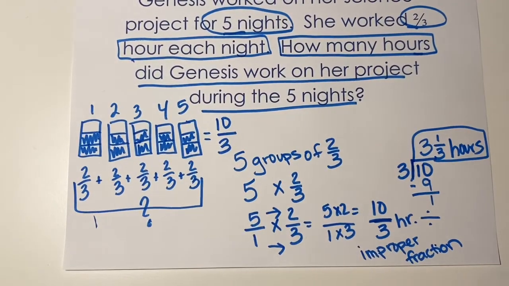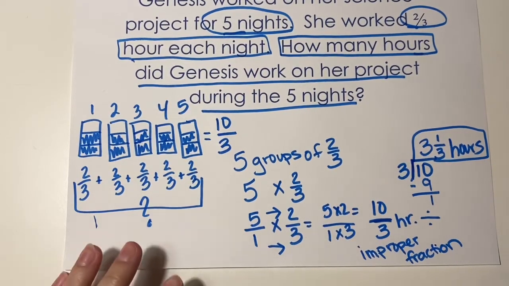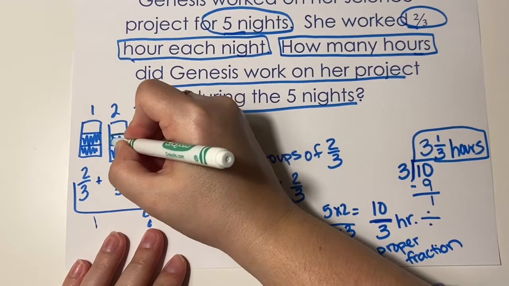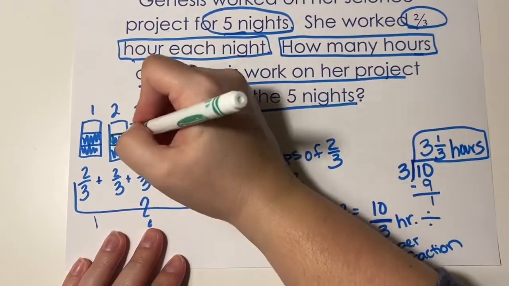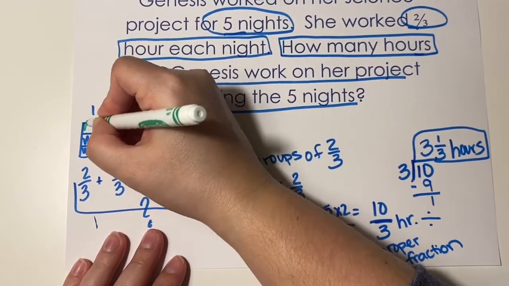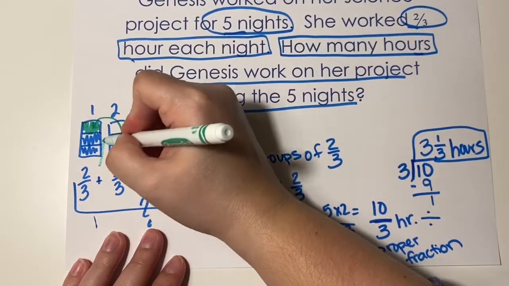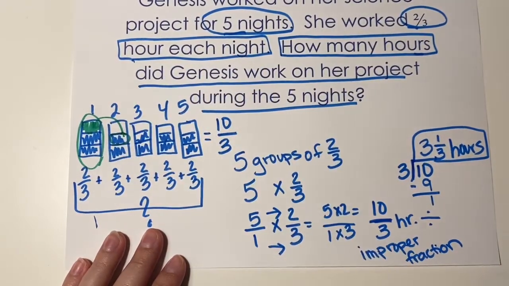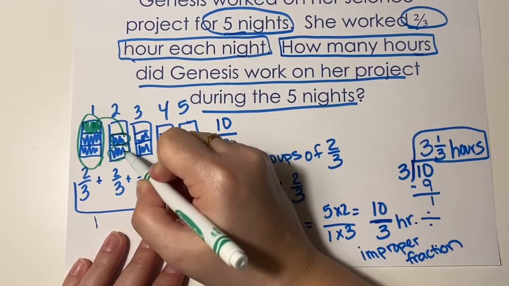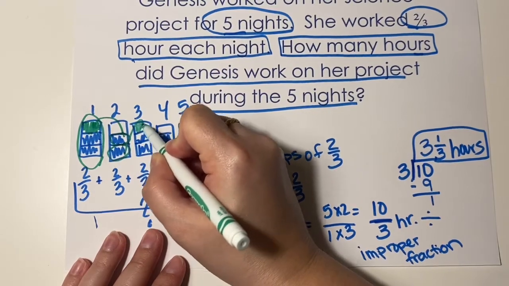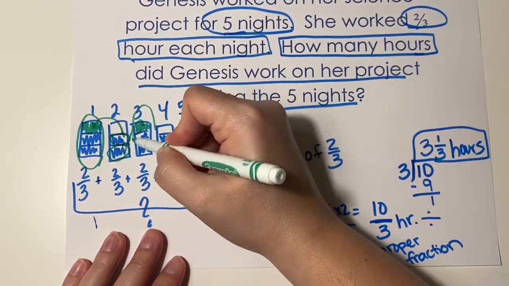And we could also see how this works into a mixed number. I'm going to take this third here, and I'm going to regroup it to make a whole. And I could take this third, and I'm going to add that to this one. I make another whole.